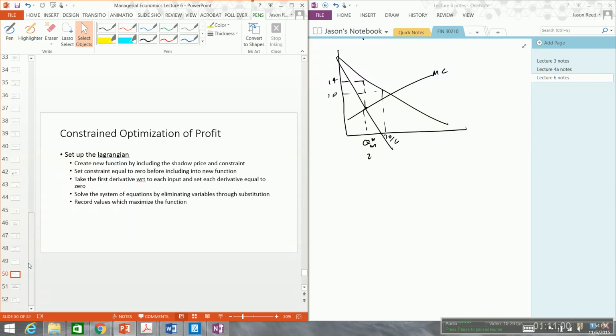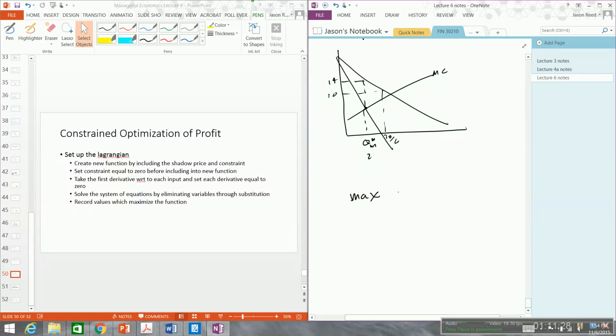So we create a brand new function, this Lagrangian function, and what we do is include our function we want to optimize, and we include this new shadow price value lambda and the constraint. So in order to do this, we have to set our constraint equal to 0 before it's included into the new function.